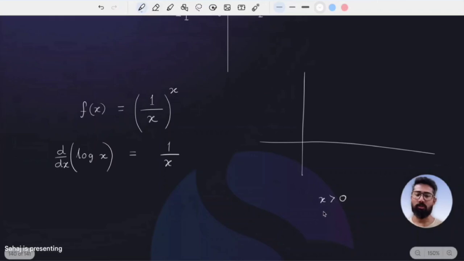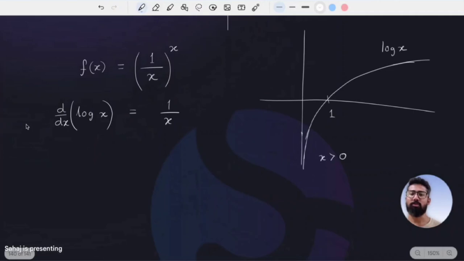For x less than 0, there is no log x. And for x greater than 0, 1 by x is always positive. So this is a monotonic increasing function. So log x looks something like this. At 0, it tends to minus infinity. Fine, so we'll use log x.